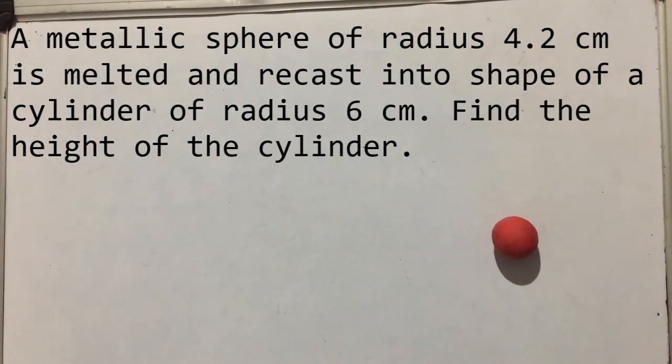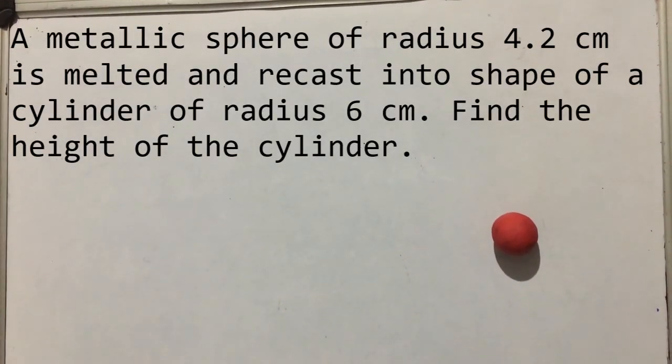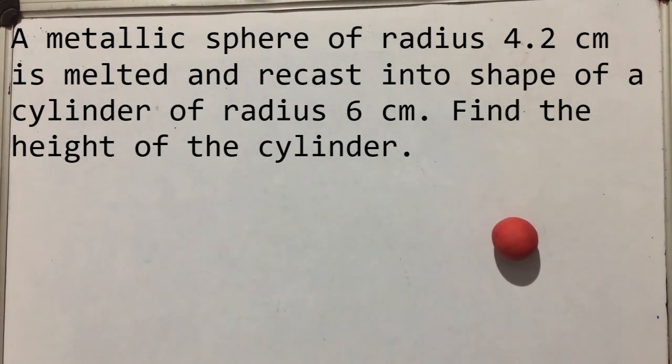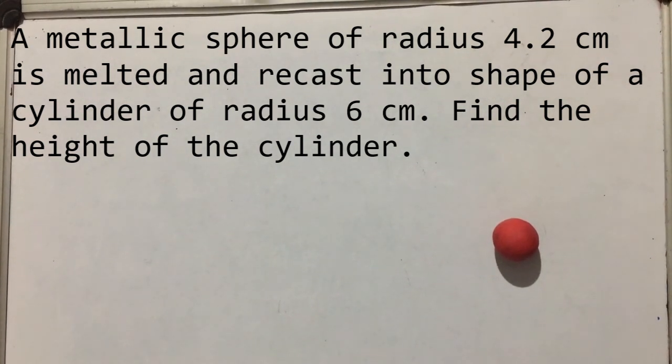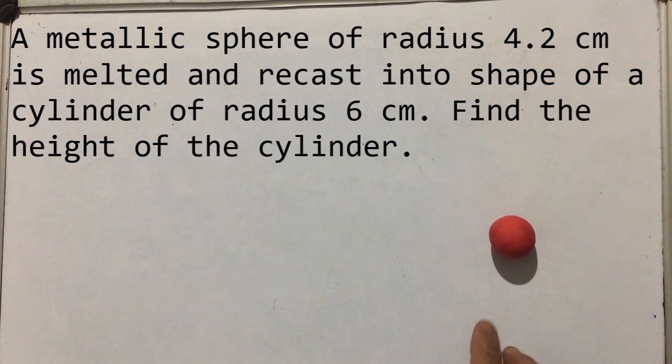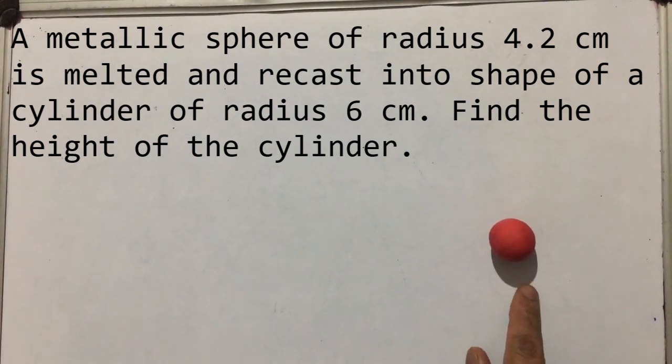Here it is given that a metallic sphere of radius of 4.2 centimeters is melted and recast into the shape of a cylinder of 6 centimeters. We have to find the height of the cylinder. Actually, for our convenience, I have taken a clay model, spherical shape.